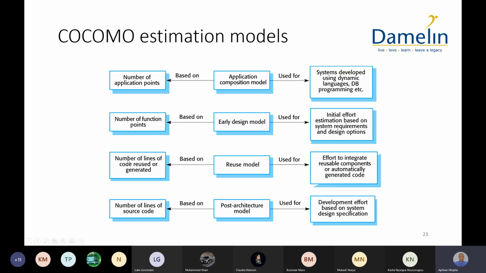Then the number of lines of code reused or generated. Okay, so here we estimate based on the concept of reuse. We may have code that we write ourselves, but certain code may be reused from external parties. So we give a separate price for what we want to write ourselves, and also the cost of purchasing the reused components.